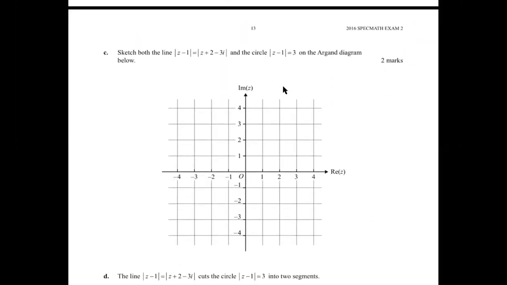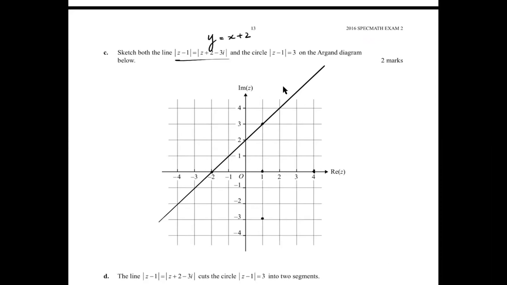Because we know this line here is y equals x plus 2, a straight line should be drawn like this. And |z - 1| = 3. This is your center, going through here, going through here. Going up by 3 units, going down by 3 units.